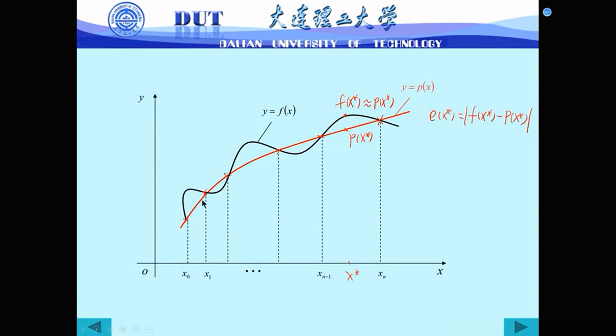We find a simple function p(x), a polynomial formula for example, that interpolates these points. Then we can use this simple function to approximate the complex or unknown function. It's okay? So this means interpolation approximation.